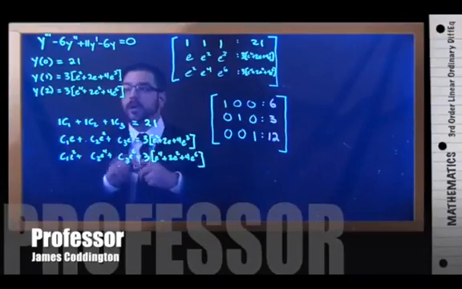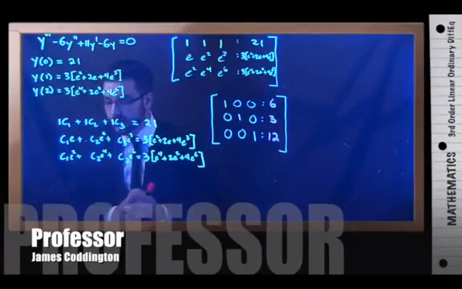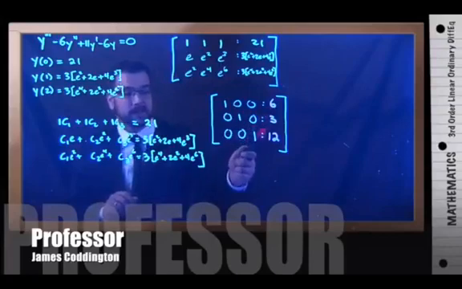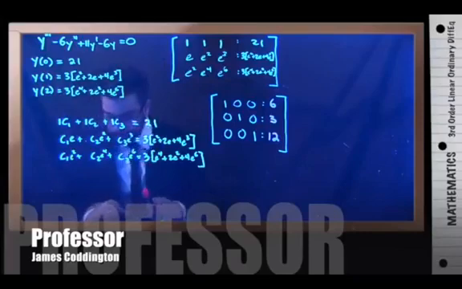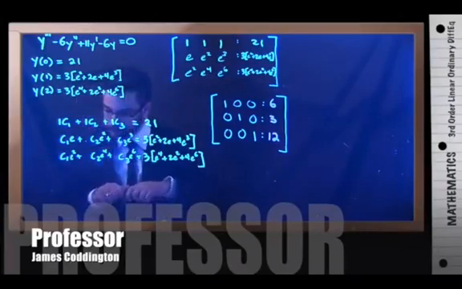Okay, so what can we do? We can finally put together the solution to the third order linear ordinary differential equation, including the constant coefficients because we had initial values. Okay, so let's go ahead and do that.